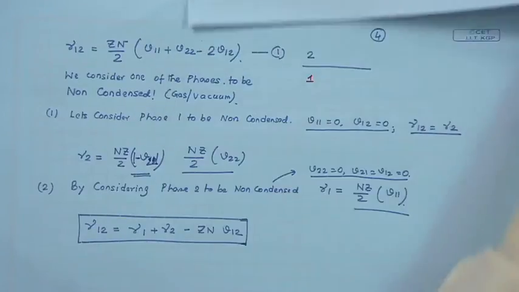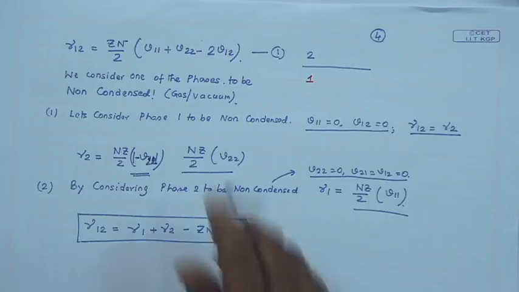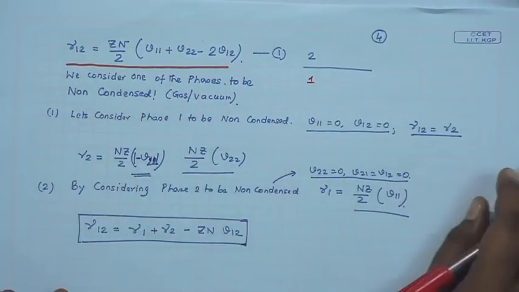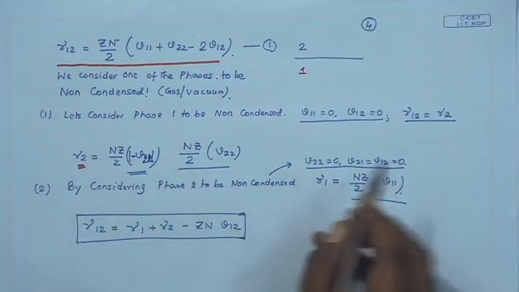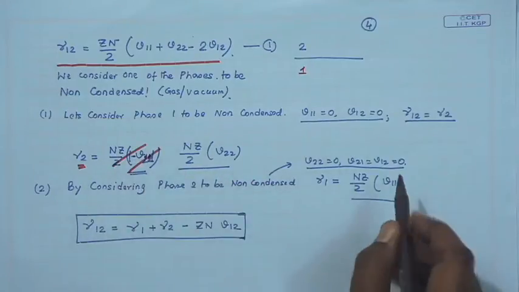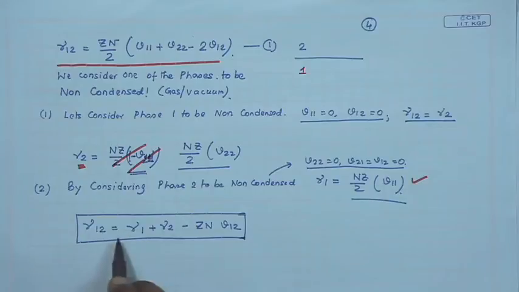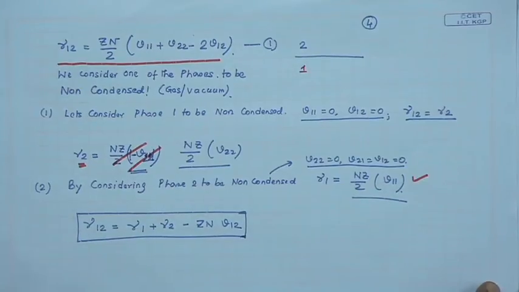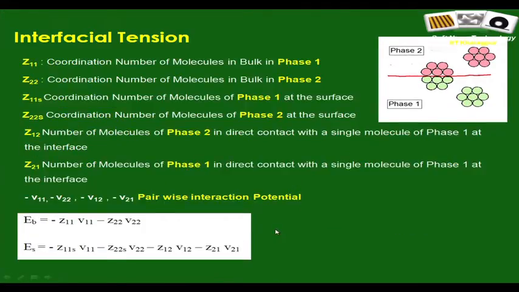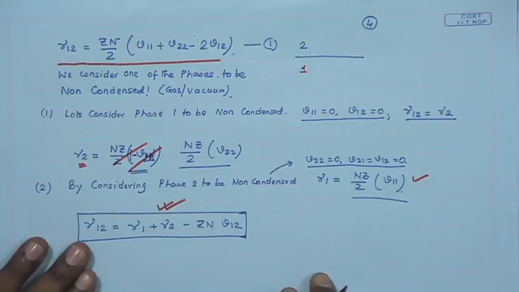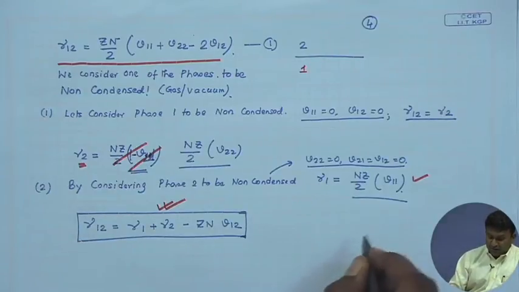With further approximation, by considering one of the phases to be a non-condensed phase, a gas or a vacuum, we could get expressions for gamma 2 and similar expressions for gamma 1, and that now gives us this particular expression. So, we start our discussion, which we already did up to this point, and let us start from this particular state.